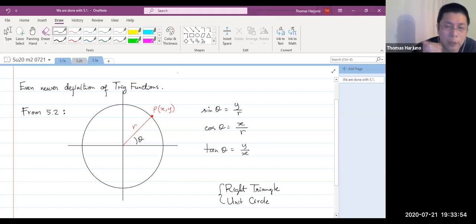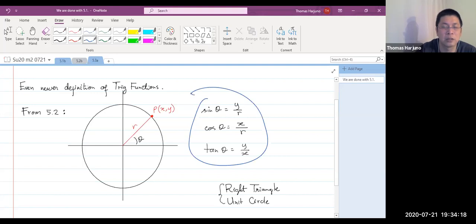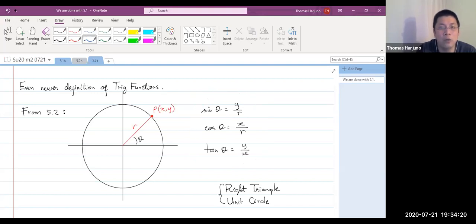For now, don't worry about it. With the definition we had earlier, if you have a circle with radius r and point P is on the circle, then the trig functions are given by this.